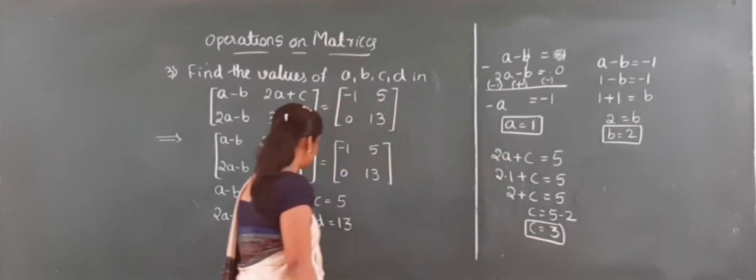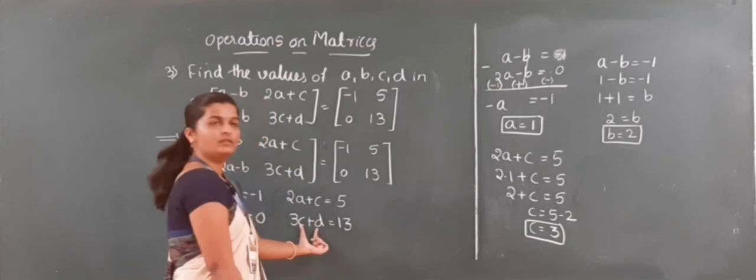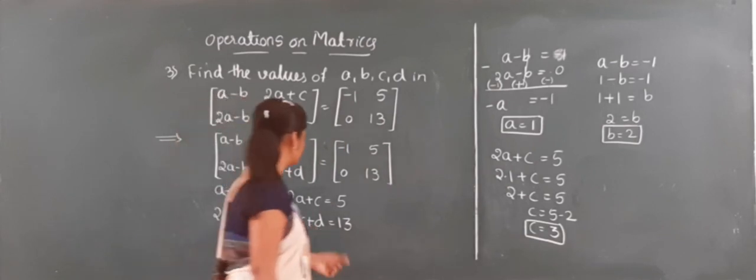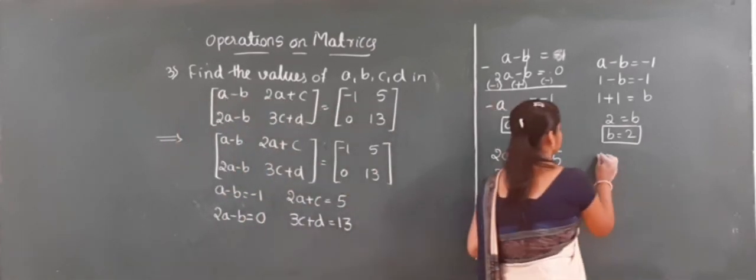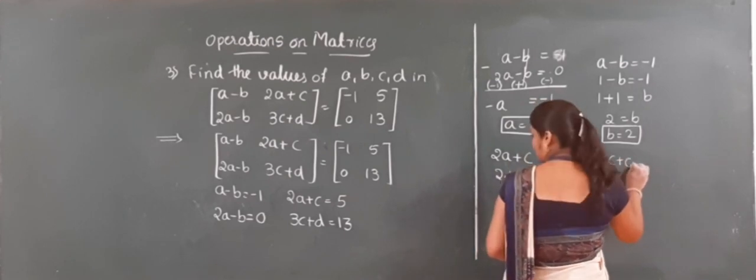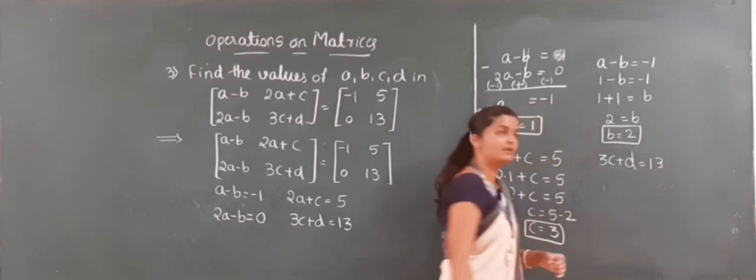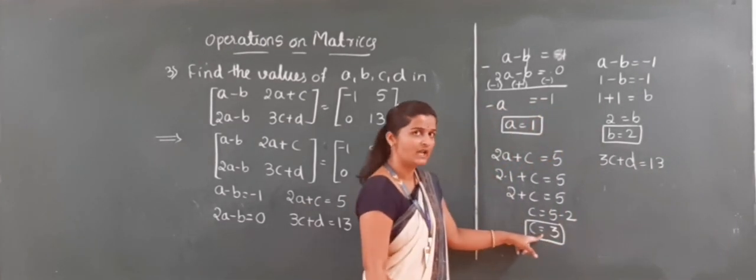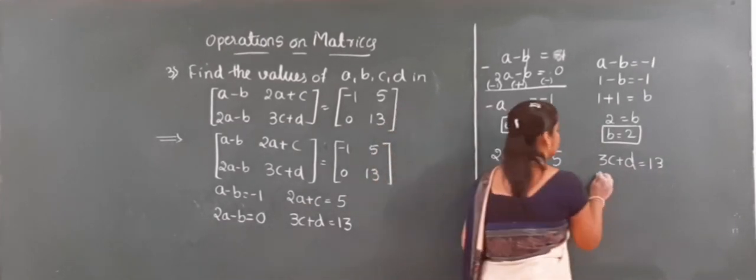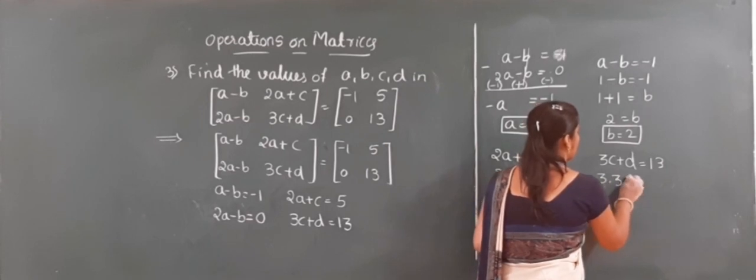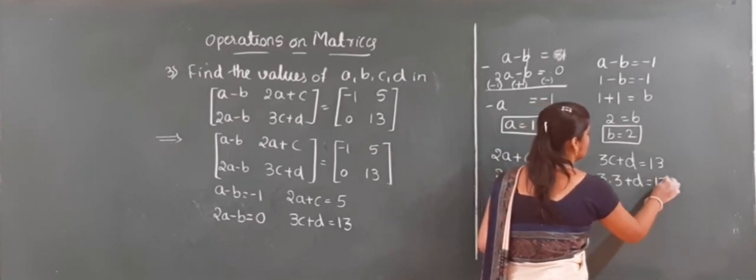Next we require the D value. Where is D? With this equation we can find out the D value. 3C plus D is equal to 13. Okay, here we can substitute the C value. Already we have solved, that is 3. 3 into 3 plus D equal to 13.